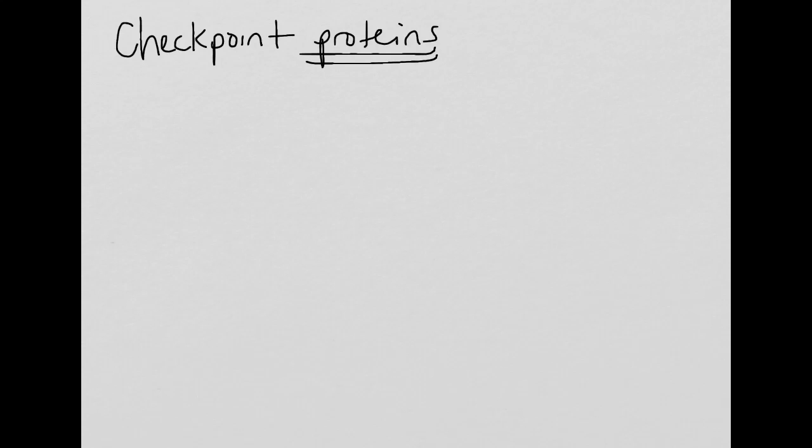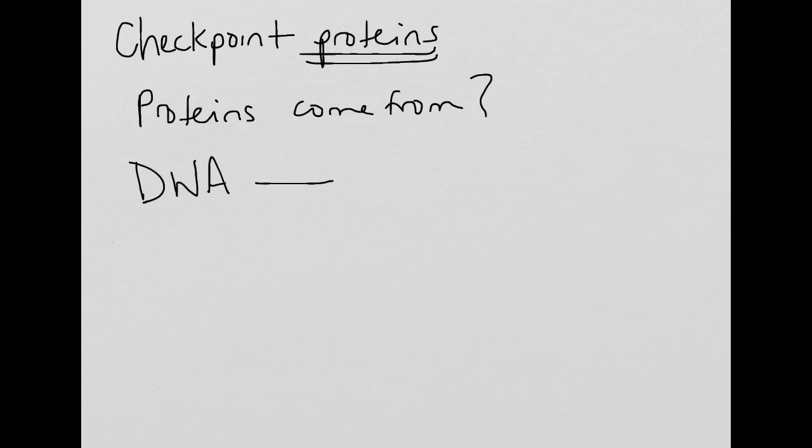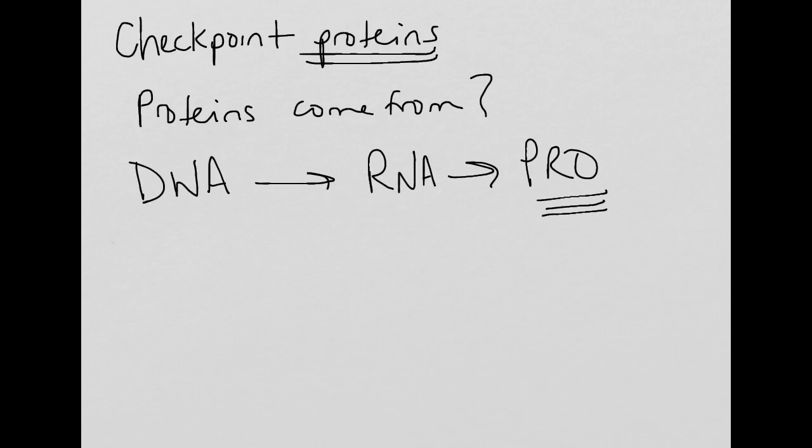Where do proteins come from? Well, remember, DNA is used to make RNA, which is used to make proteins. Okay, so these proteins here are used to check the DNA.